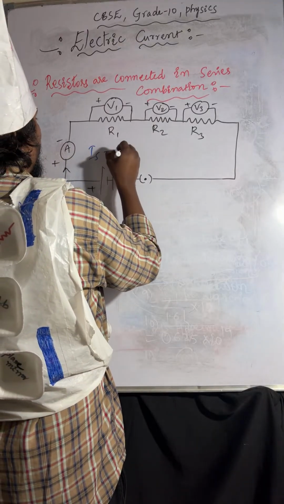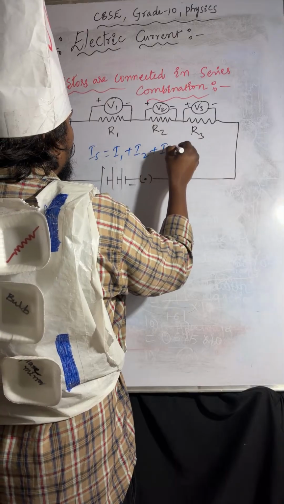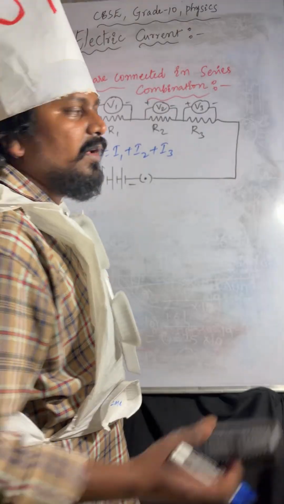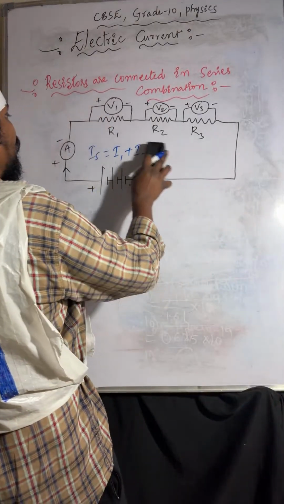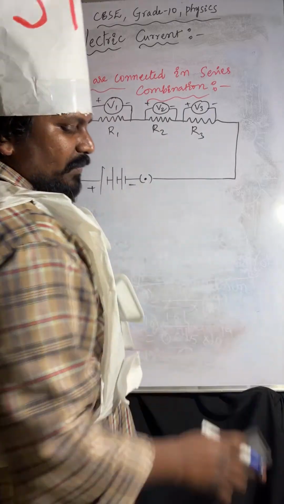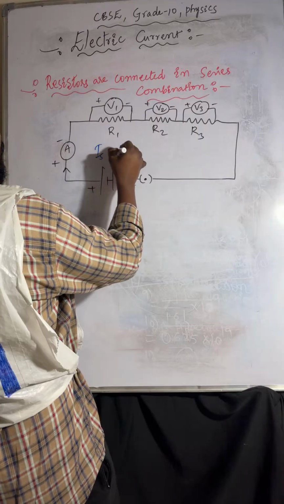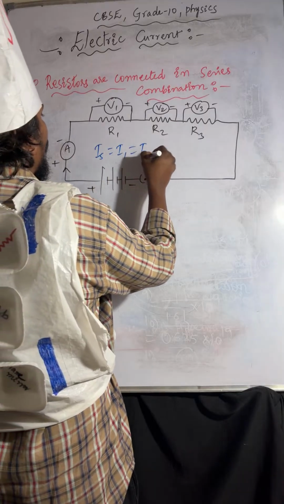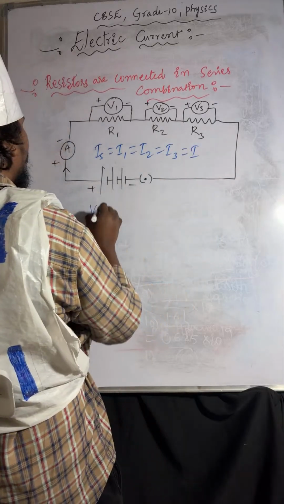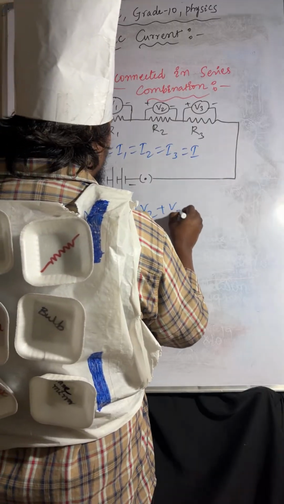So Is equal to I1 equal to I2 equal to I3, equal to I. That is, Vs equal to V1 plus V2 plus V3.